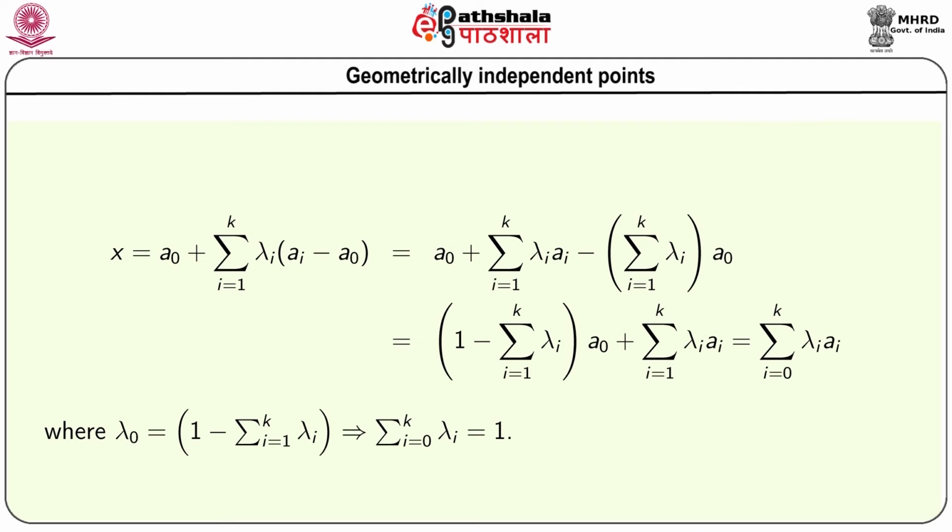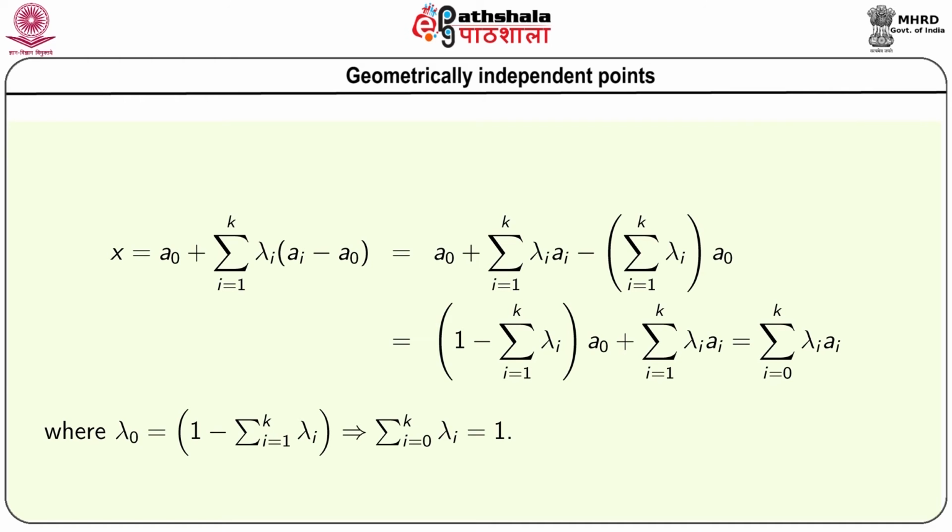So, taking both the terms containing A0, we get 1 minus summation lambda i times A0 plus summation lambda i Ai, i equal to 1 to k, which we can write as summation lambda i Ai, i equal to 0 to k, where lambda 0 stands for this summation lambda i, i equal to 1 to k, subtracted from 1.